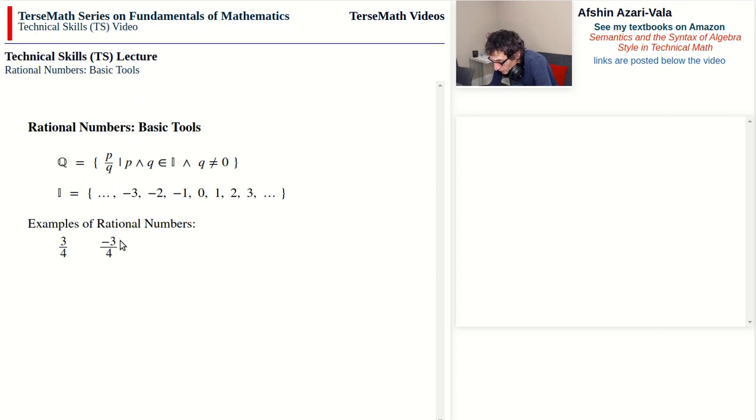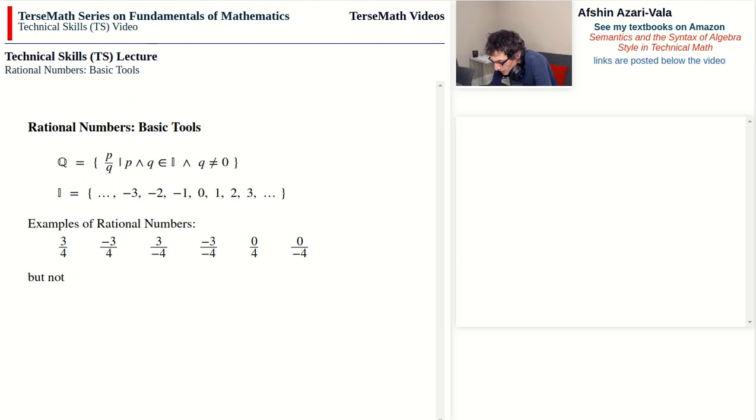The top -3 is an integer, and the bottom 4 is also an integer, and the bottom is not zero. Same for 3 over -4 and -3 over -4. 0 over 4 is also rational. The top is an integer, the bottom is an integer, and the bottom number is not zero. And so is 0 over -4.